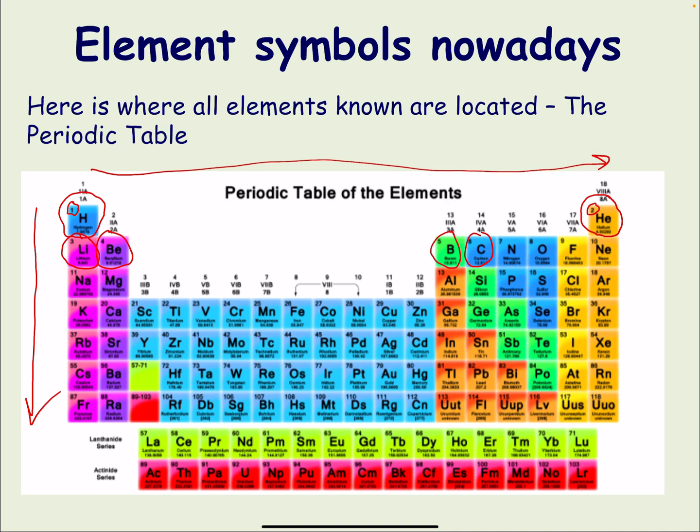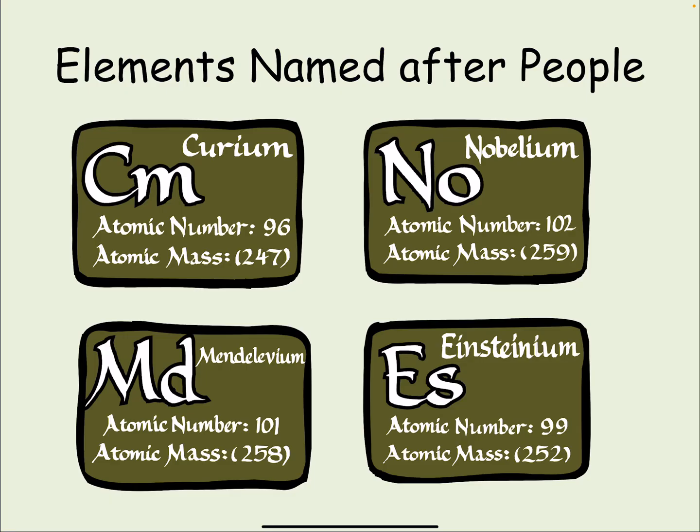Now these numbers that I've just highlighted there, hydrogen 1, helium 2, they're going to be quite important, and we're going to be looking at these later on. Now there are some elements that are named after people. Curium is one of them. That's named after Marie Curie, who won a Nobel Prize. Alfred Nobel, Nobelium.